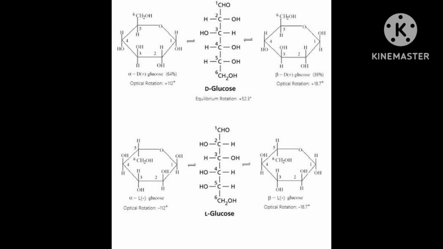Then how many remain? Carbon number 1 has OH and one H, carbon number 2 has OH, carbon number 3 also, 4 also, and 5's OH is gone. And in the end CH2OH was there.